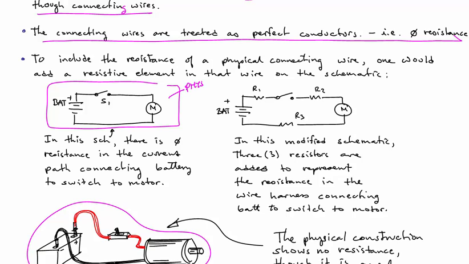So this is a physical representation. Okay, but this over here would be a model representation schematic, right? Because here what we've added are some resistors that would be simulating, or emulating, I should say, the resistance, the copper resistance in the cables.